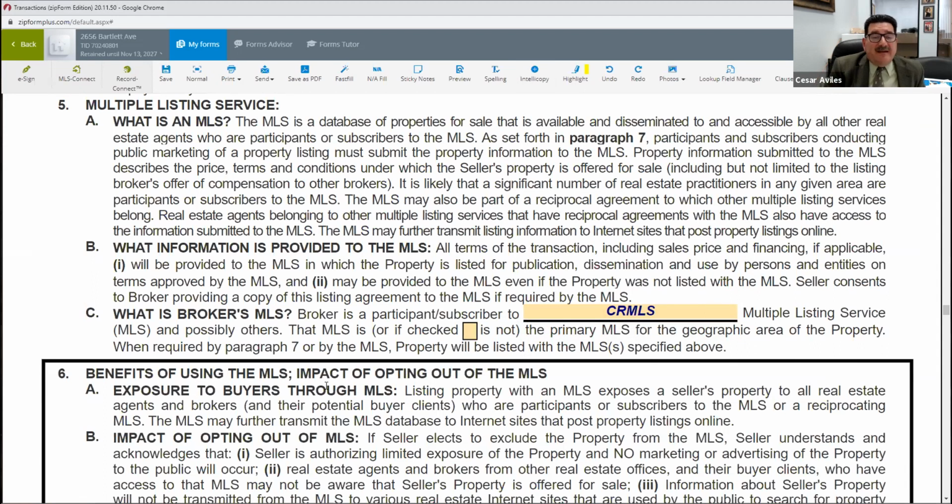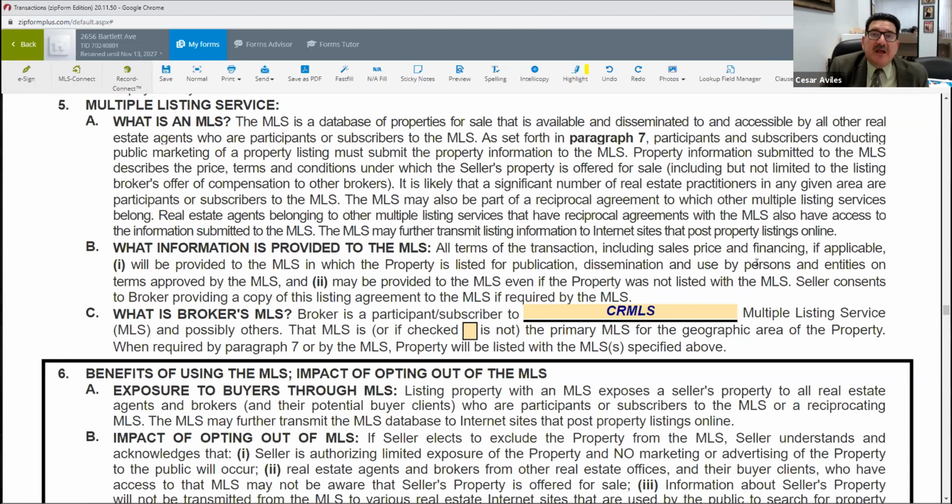Now, in the event that you belong to another multiple listing service on your own, say you happen to have a license in New York and you work for a Coldwell Banker over there, then you can say, I'm going to put you in the New York MLS too. If CRMLS is not the primary MLS for that geographic area, like Big Bear, which has its own MLS system, make sure that you check the box.